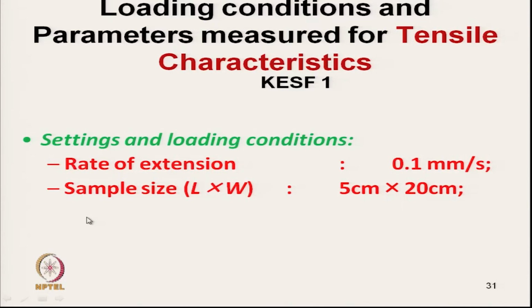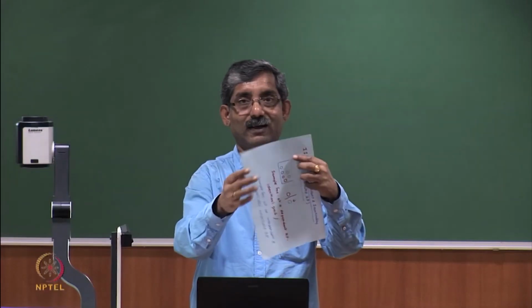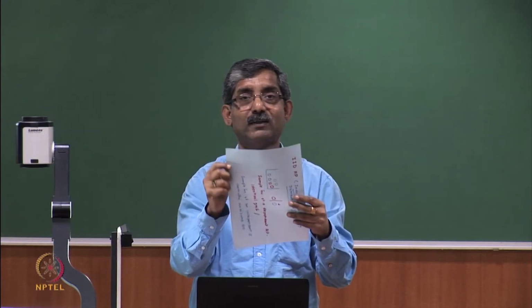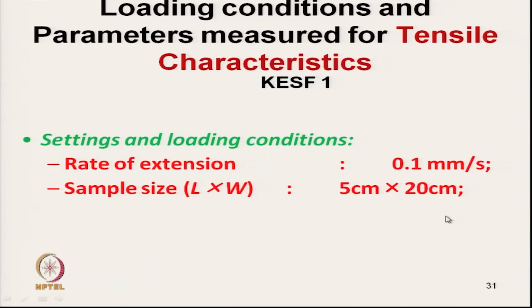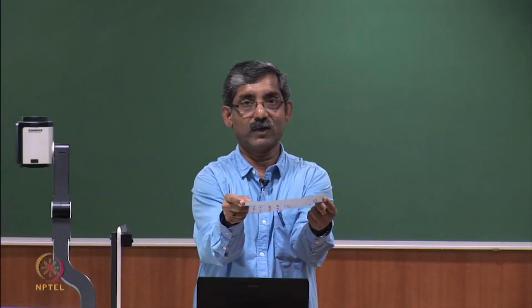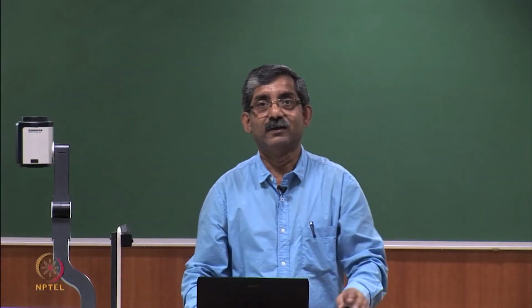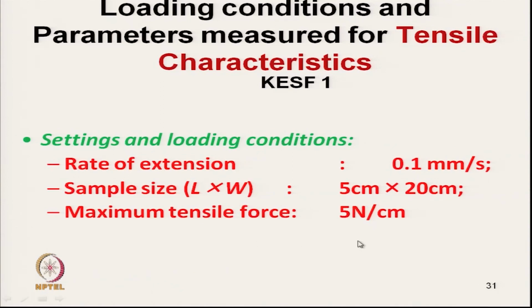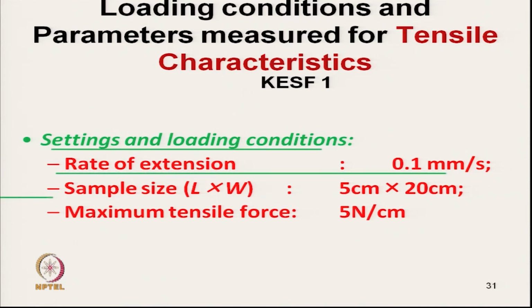Sample size is length multiplied by width; the length here is smaller. We should remember that the width will be 20 centimeter. That is why this is the grip, and in this way it is stressed, and the maximum tensile force is 5 Newton per centimeter. So, these are the loading conditions.